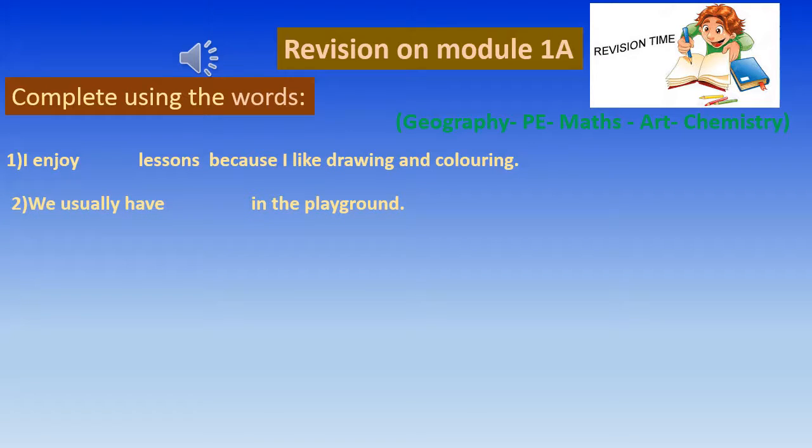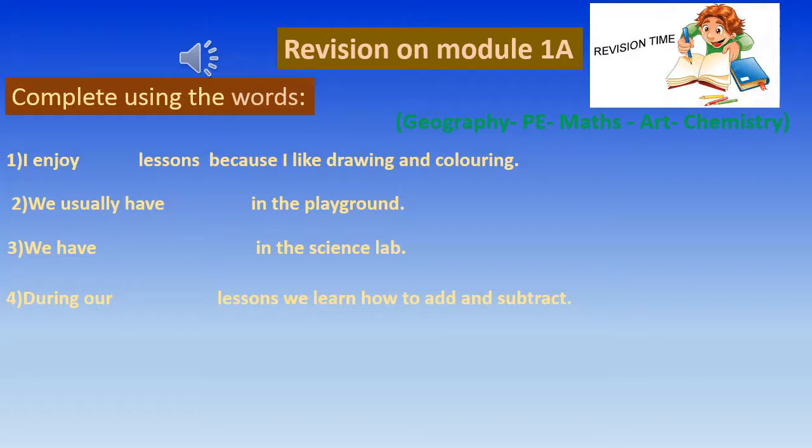We usually have in the playground. Number 3. We have what in the science lab. Number 4. During our lessons, we learn how to add and subtract. Number 5. Makes us know about lakes, places all over the world.